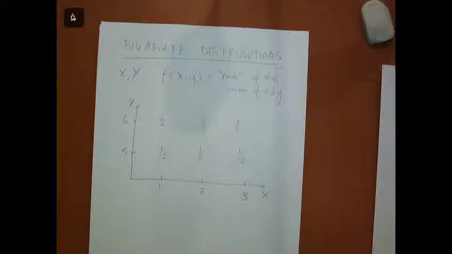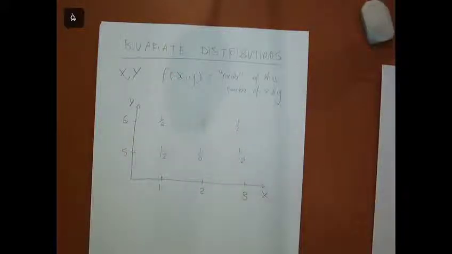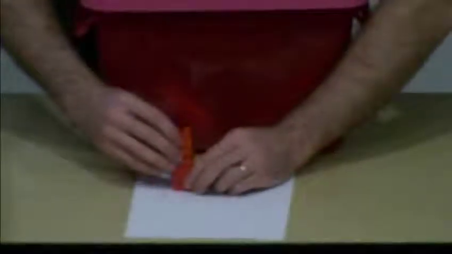So I want to draw a picture of that. Normally we can think about this as a graph, only it's a 3D graph where each probability is interpreted as a height. I'm going to draw that graph for you using Lego. I've got a quarter here, which was 3/12, and another quarter here, also 3/12.